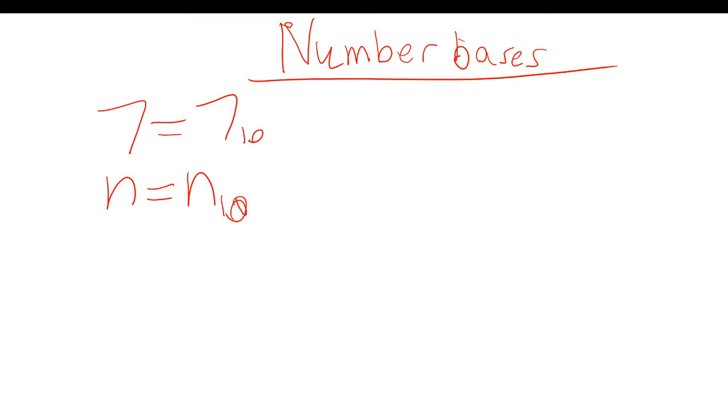For example, in base 3, when we have n base 3, the way we count these base 3 numbers is we start from 0, 1, 2. If we have n base b, we start from the first b whole numbers.